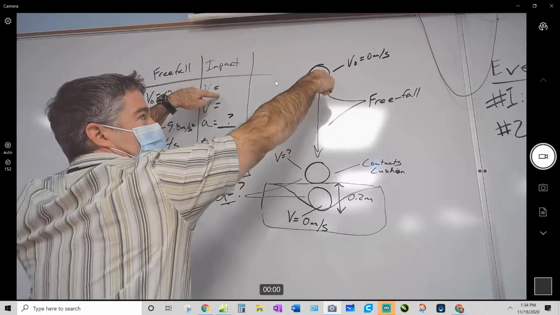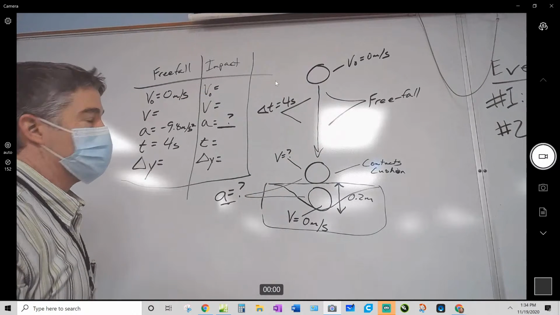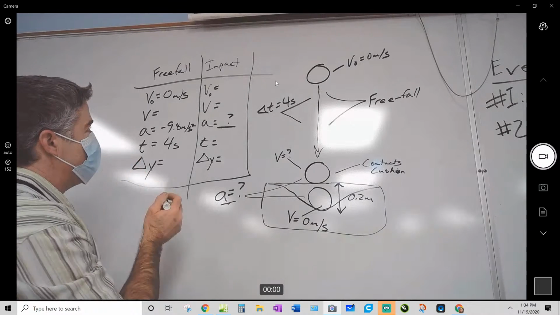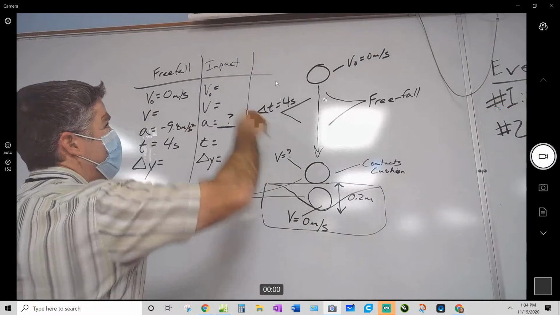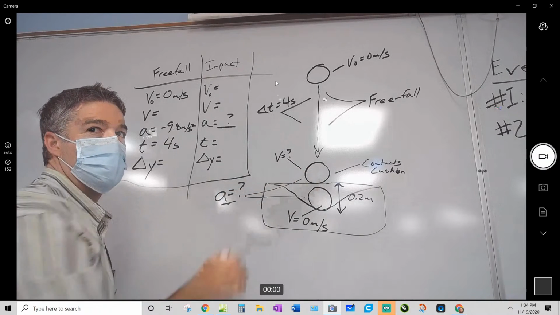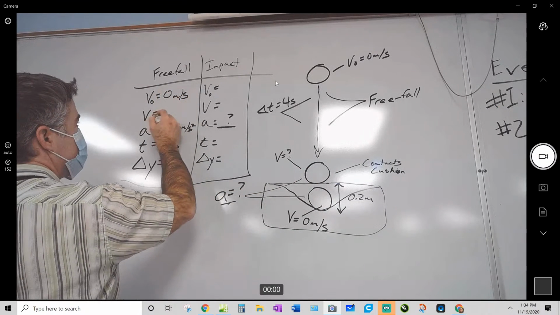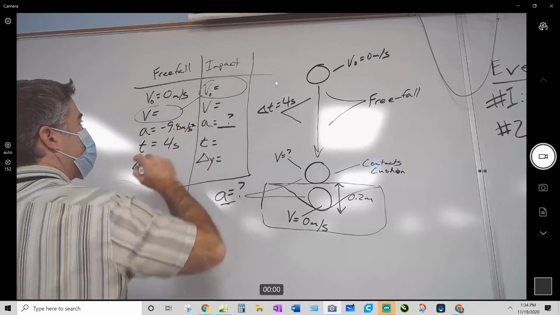No. That's the acceleration as it falls, but we don't know what that is. We can figure that out pretty easily, but we don't know it right away. But what do I know about the initial velocity during the impact period? It's the same as what else? The final velocity. Yeah, so these 2 things, these are the same.